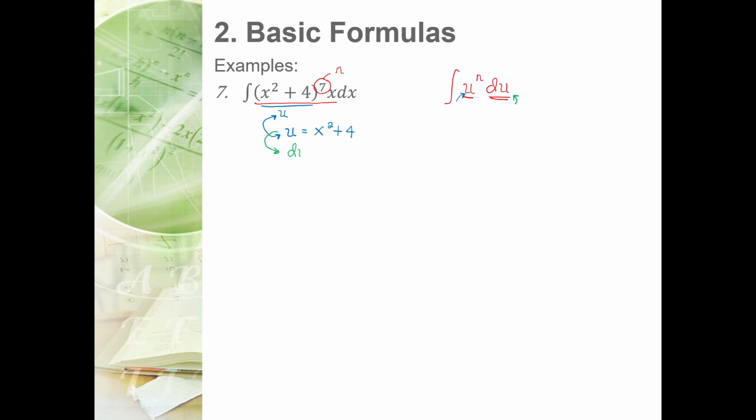So du, and then the derivative of x squared plus 4 is 2x plus 0. This one is du over dx. So isolating du for us to achieve the du parameter.